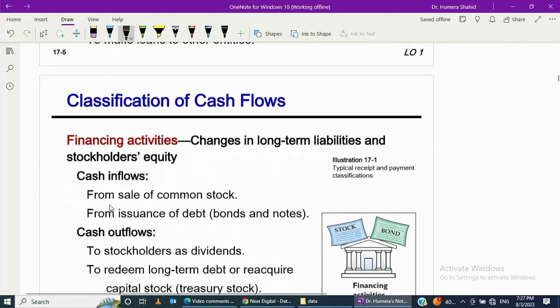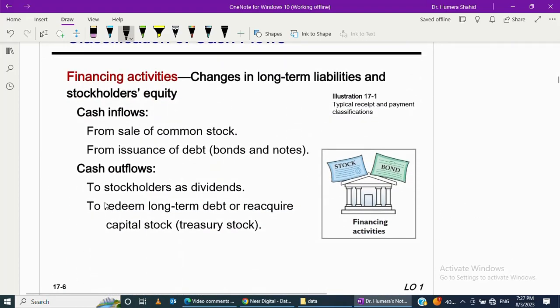Let's move forward towards the third section of the cash flow statement, which is financing activities: long-term liabilities and stockholders' equity. Long-term liabilities include all those liabilities which are for a longer period of time. So inflow: whenever you issue loans, for example, issuance of bonds or notes brings the money for you, so that's an inflow.